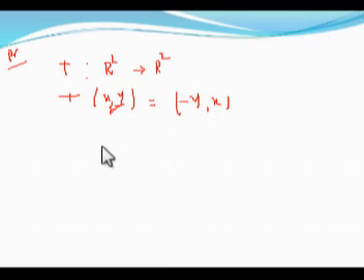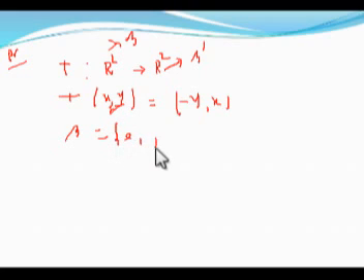Now I have given the ordered basis for the domain vector space, called beta, and for the range space, beta prime. Beta is given as the standard basis E1 and E2. E1 is 1 0, E2 is 0 1.